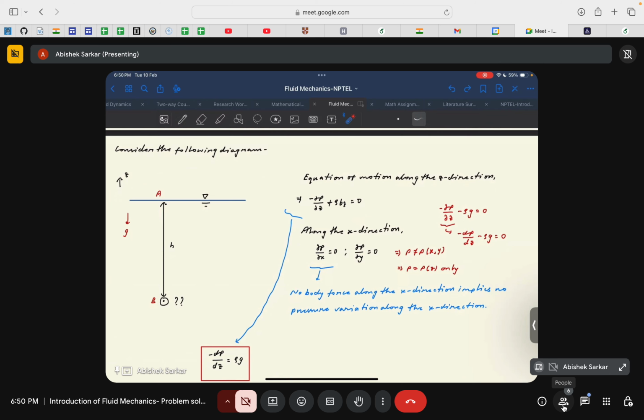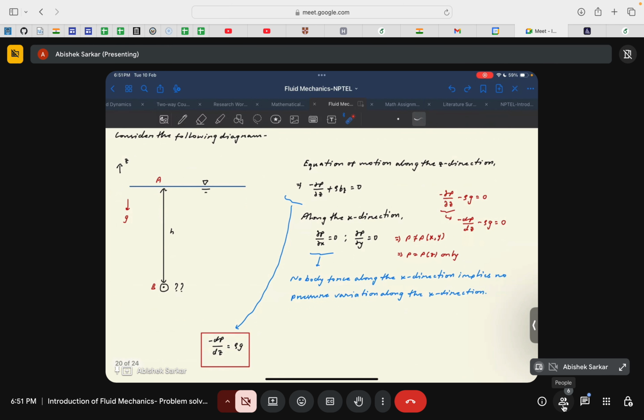If the partial derivative of a particular function with respect to a particular variable is 0, for example, if dou p by dou x is equal to 0, it basically means that p is not a function of x, but it might be a function of y and z. If you're considering a 3D Cartesian coordinate system, then if dou p by dou x is equal to 0, it will mean that p is not a function of x, and p might be a function of y and z.